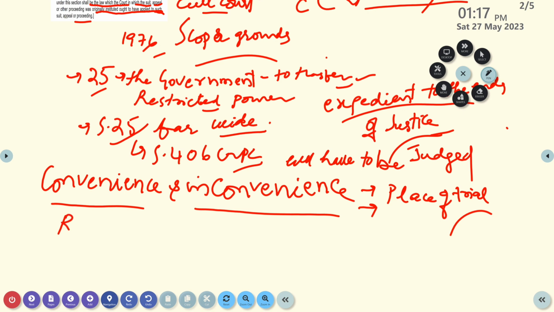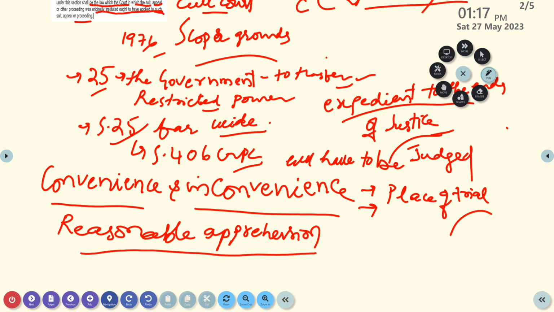Reasonable apprehension by a litigant, that means one of the parties, that he or she might not get justice in the court in which the suit is pending.